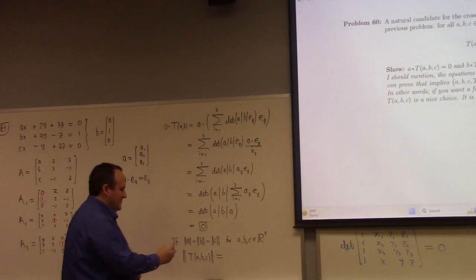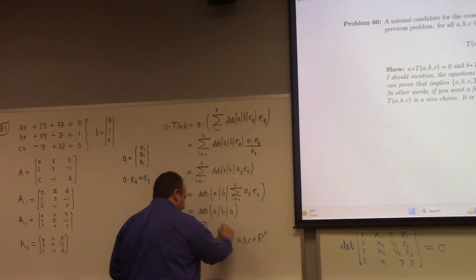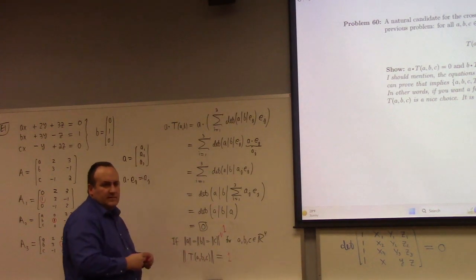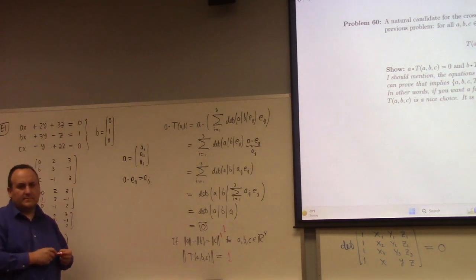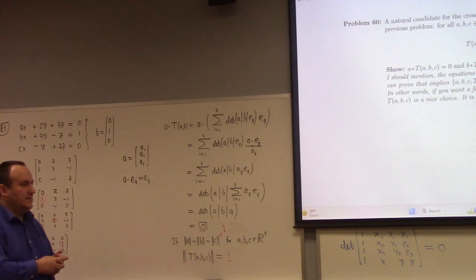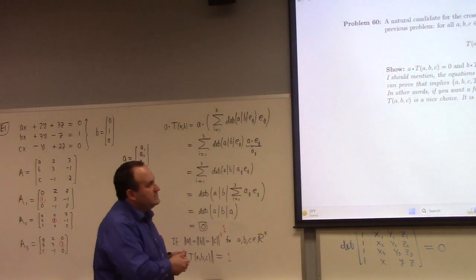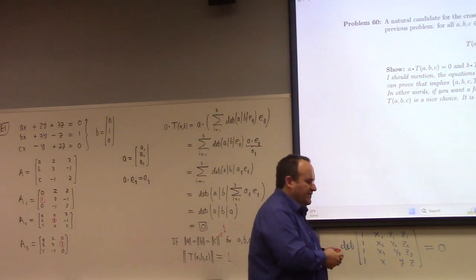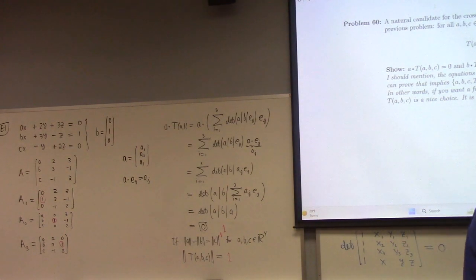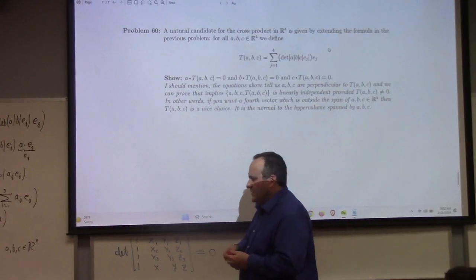Equal to what? 1. Then that's also equal to 1. For what it's worth. There's a way of visualizing this in terms of projections onto hyperplanes, but that's from another time and another course. So let me not talk about that here.